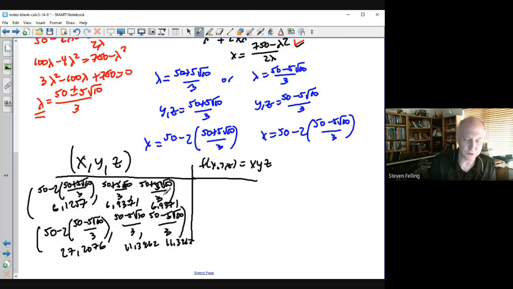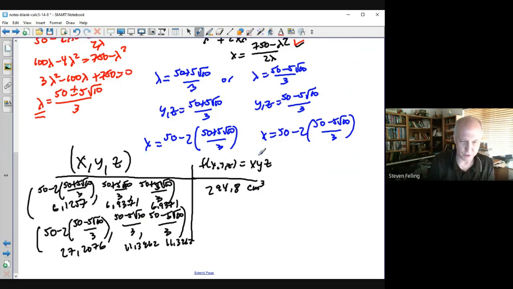So the two volumes are 6.1257 times 6.9371 times 6.9371, which would be 294.8 approximately cubic centimeters, right? If this was in centimeters, yep.